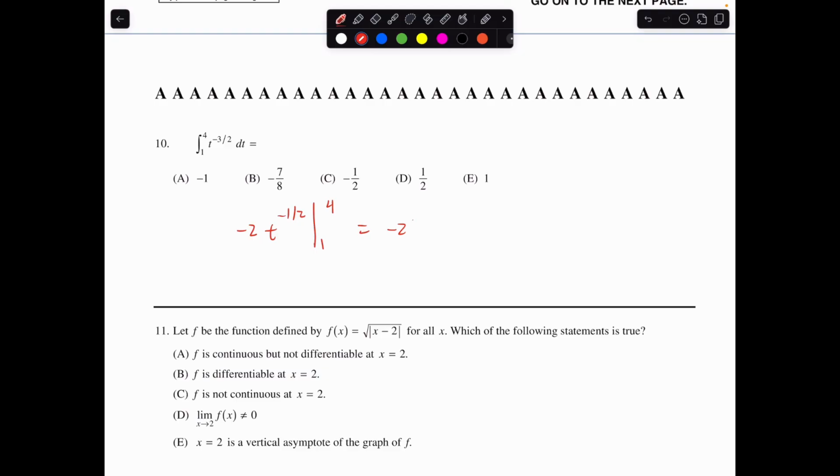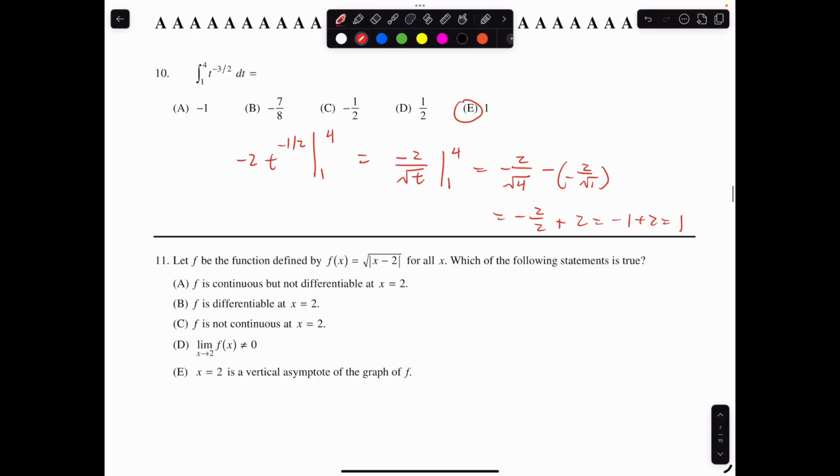That's negative 2 over root t evaluated from 1 to 4. All right, just rewriting it. So negative 2 over root 4 minus negative 2 over root 1. So then that is negative 2 over 2 plus 2, which is equal to negative 1 plus 2, which is equal to 1. So the answer is E.